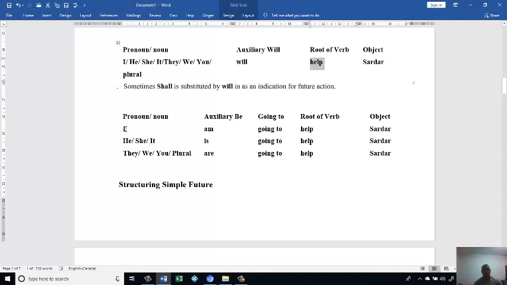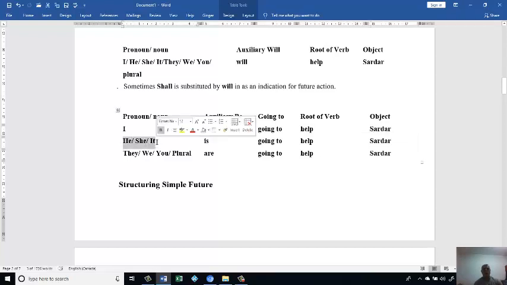For example, with the pronoun I, usually we could say I am going to. Then we have this, we call it with the commitment. Same thing with the root of the verb. If you look here, this is the verb with no ed, no s, no ing. Then we have the object.